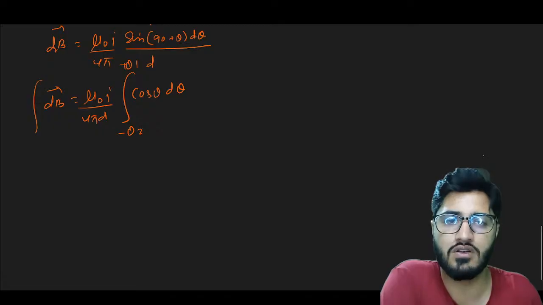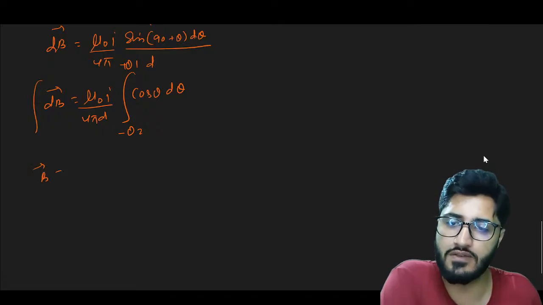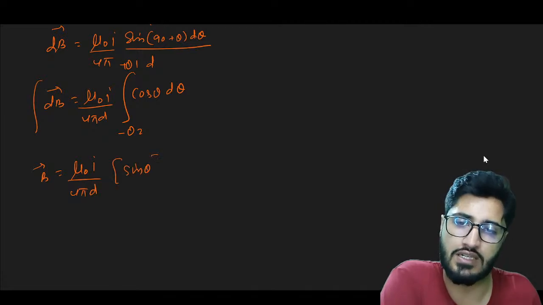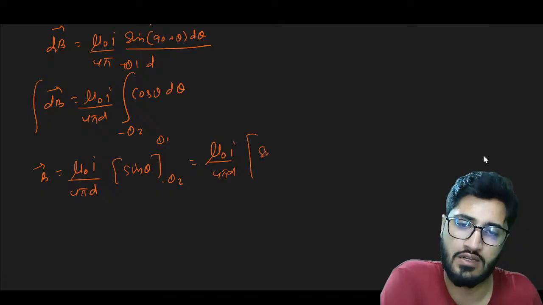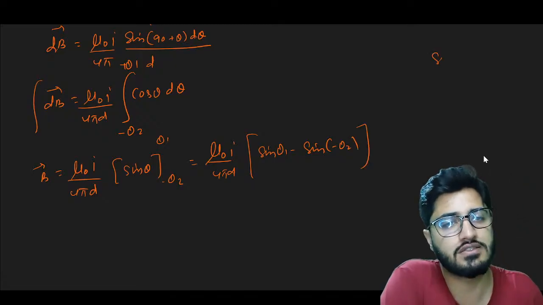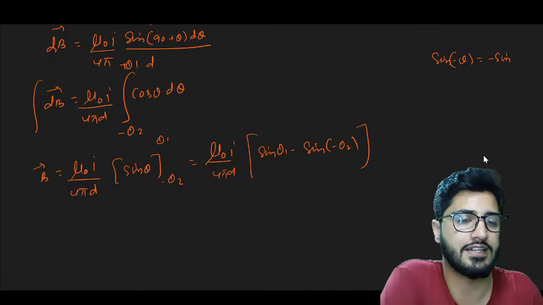Now, B vector is mu naught I by 4 pi d times sine theta 1 minus mu naught I by 4 pi d times sine of minus theta 2, the upper limit minus the lower limit. And sine of minus theta equals minus sine theta.